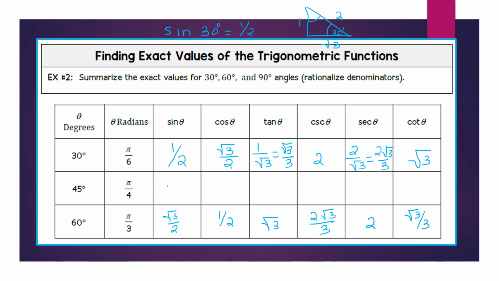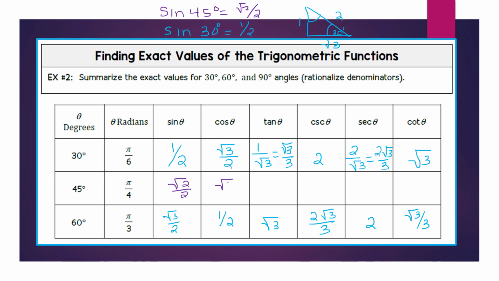If we got 45 degrees, this is the second thing that I remember, that sine of 45 degrees is equal to root 2 over 2. But because we've got complementary angles, sine and cosine, 45 degrees is its own complement.